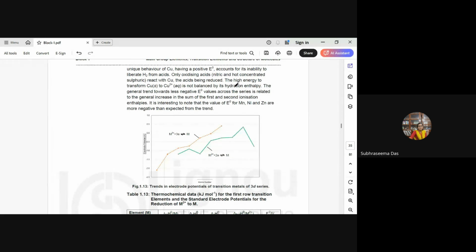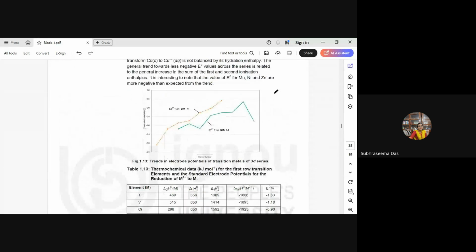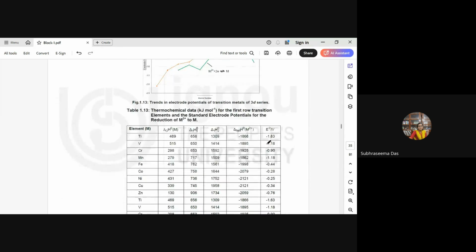The high energy to transform copper to copper 2+ is not balanced by its hydration enthalpy. The general trend towards less negative E0 values across the series is related to the general increase in the sum of the first and second ionization enthalpies. Also, we have certain elements which do not follow this trend.